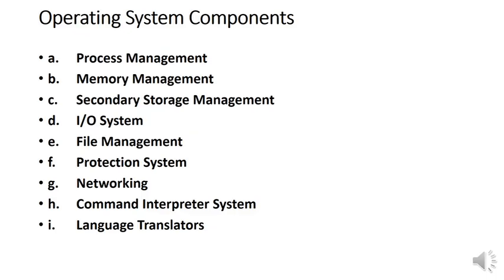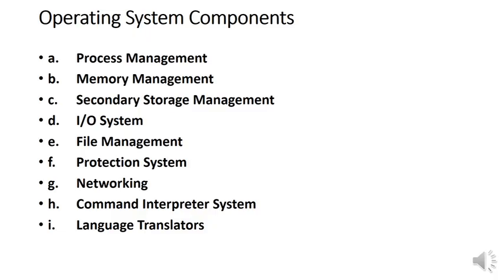So this takes us to our input and output system management component. One of the purposes of the operating system is to hide the peculiarity of specific hardware devices from the user.